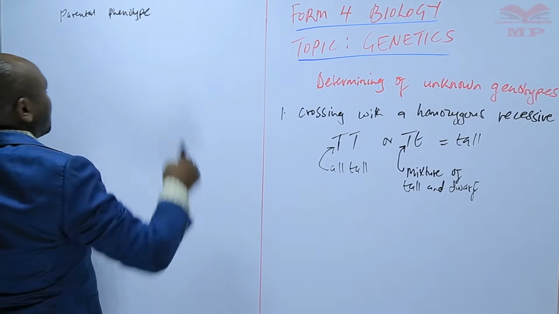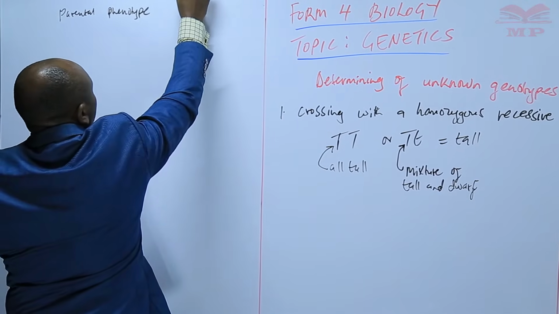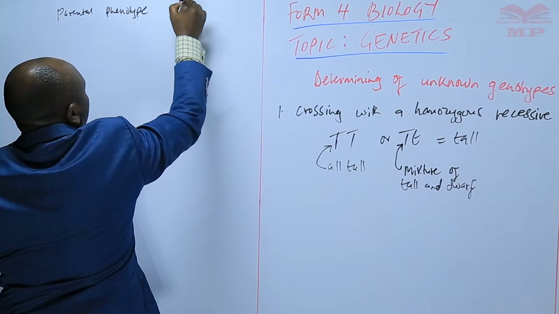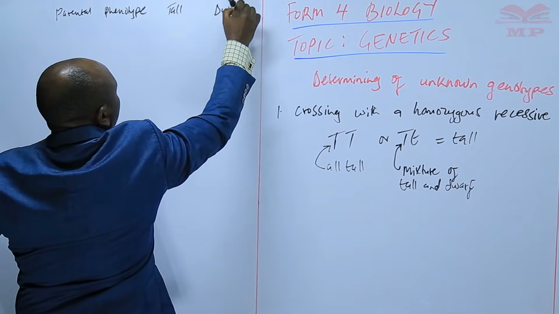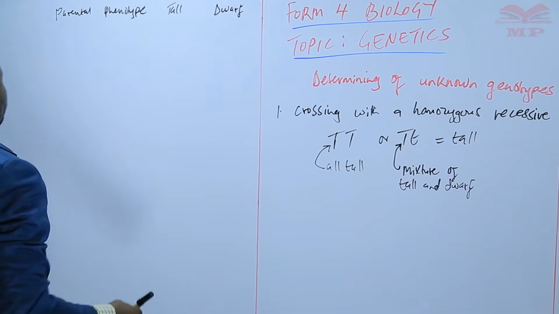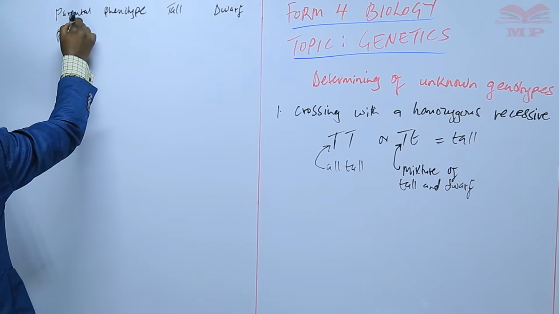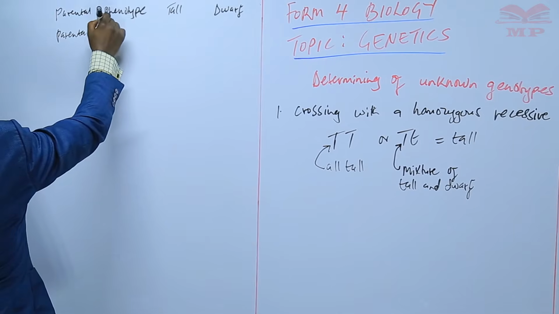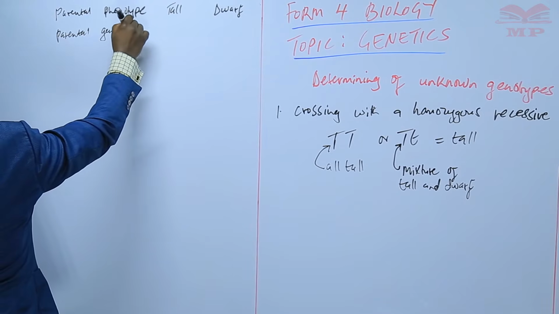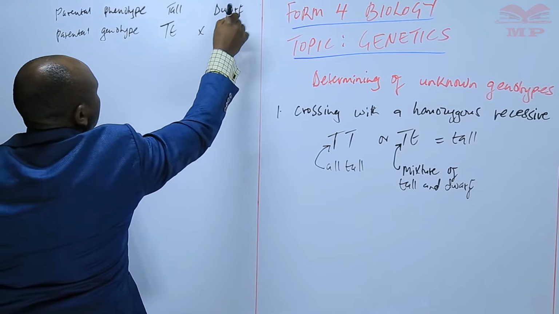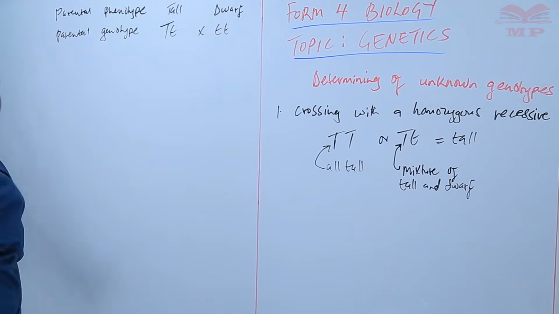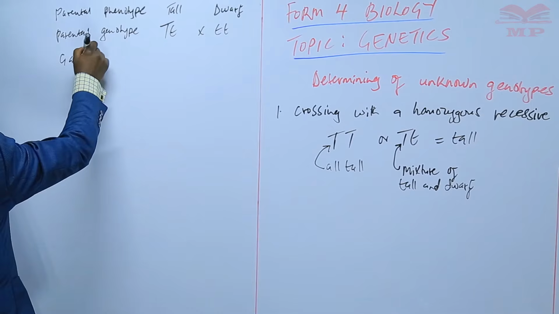The male is tall, the female is dwarf. The parental genotype will now be capital T small t, and small t. We do the gametes.